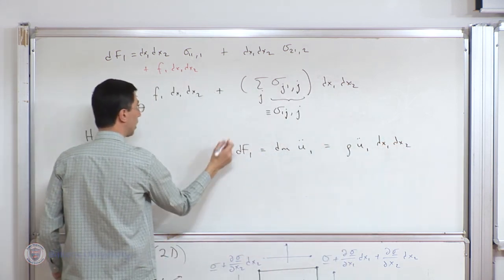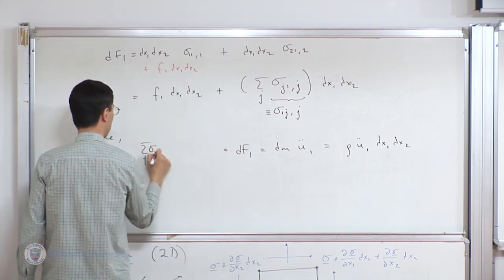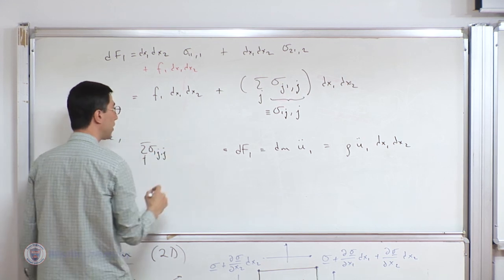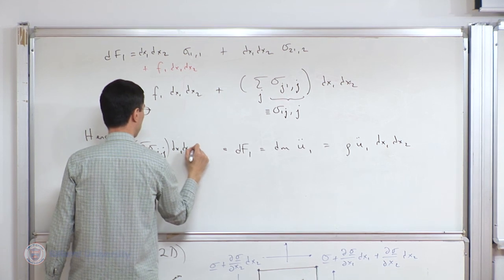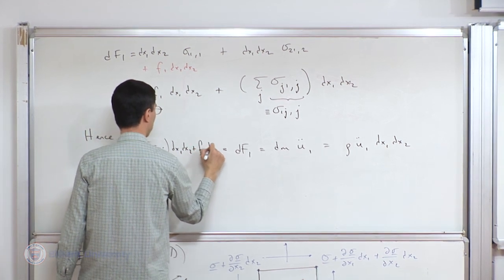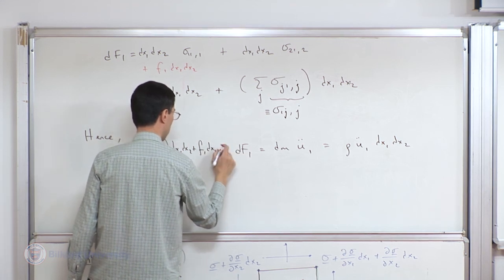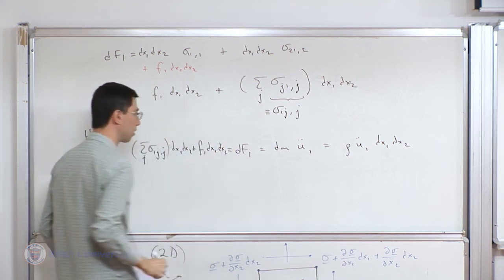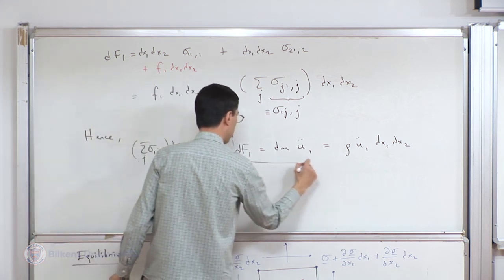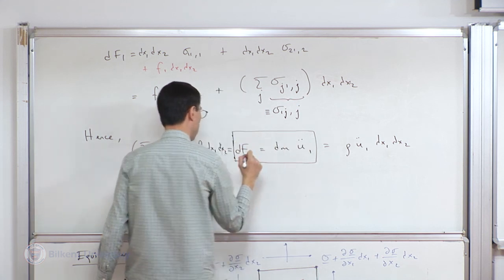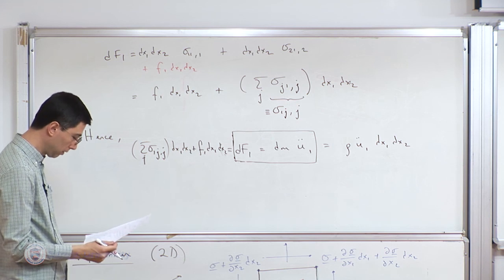And on the left-hand side, I have that expression: sum over j, sigma 1j comma j, dx1 dx2 plus f1 dx1 dx2. Okay, so equilibrium along the one direction. So left and right hand sides are now taken care of.